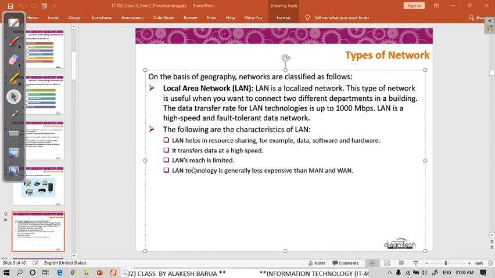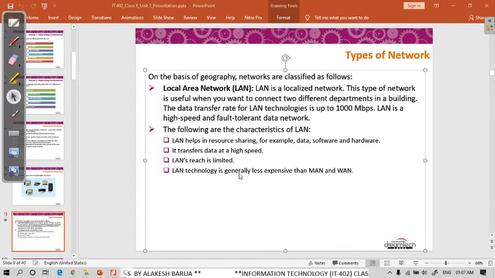It is not unlimited. I forgot the total number of computers that can be connected in a LAN, but it's 254, I suppose. And if you have other devices, then the number reduces. So take a round figure, 200.